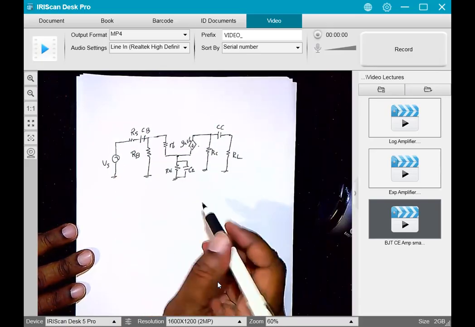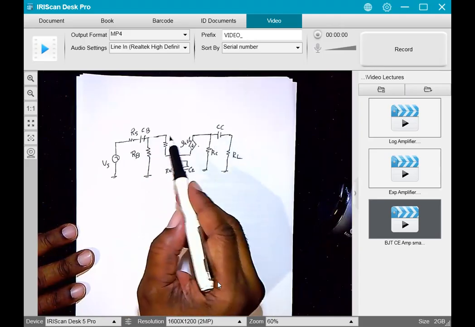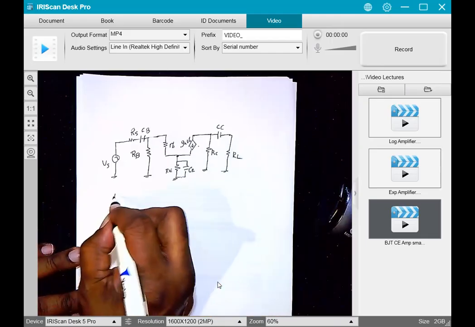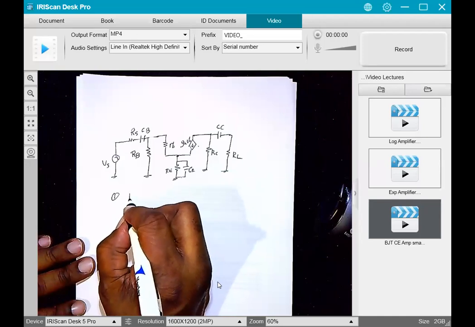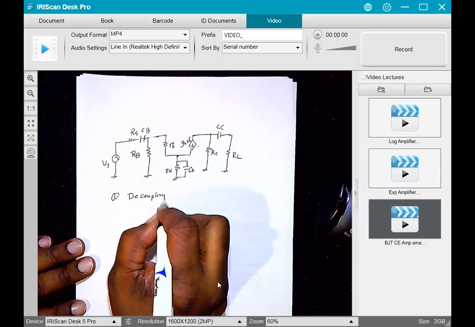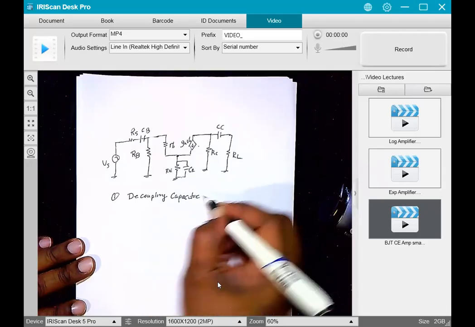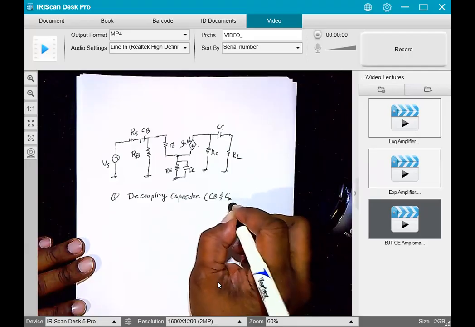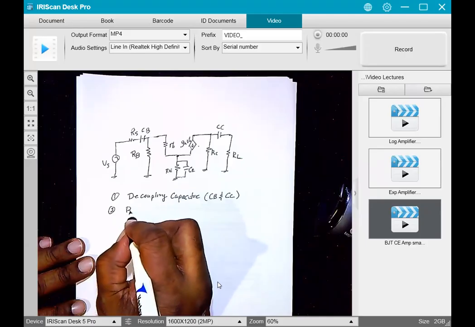So here's our small signal model, including all of our external capacitors that we add to the circuit for two reasons. One, they are decoupling capacitors. That's CB and C sub C. And two, they have bypass.